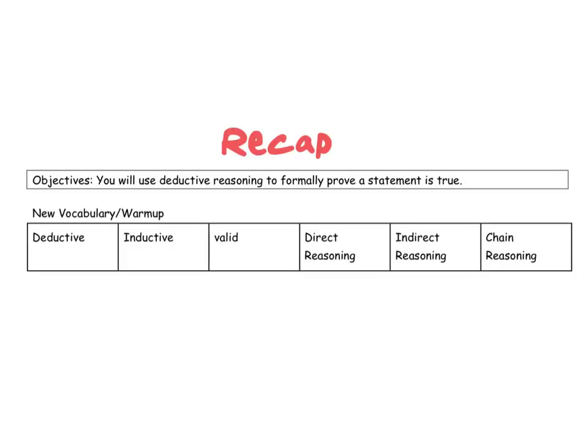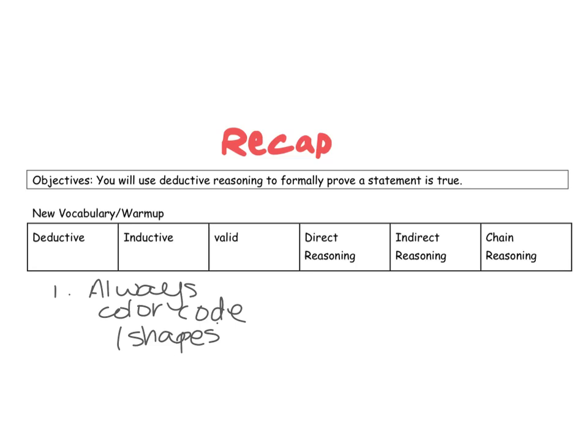So let's recap. A couple things. Number 1, always, always, always color code. If you don't have any colors, you can use different shapes. Shapes will work as well, but you really need to make sure you know what are P, Q, and possibly R, and what format they take to determine if the argument is valid.